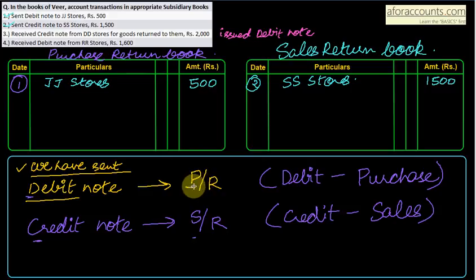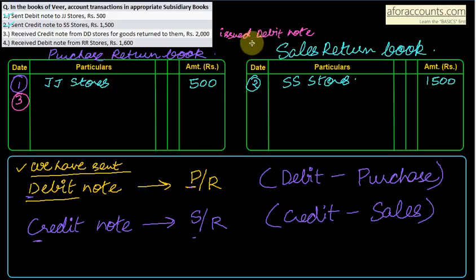Now understood? If concepts are not clear or you are taking time for thinking in the exam, this is the shortcut method you should use. Okay, so the third point again in your purchase return book, received credit note from DD Stores. I have received credit note means I should have issued debit note, और मैंने क्या issue किया है, that is important.